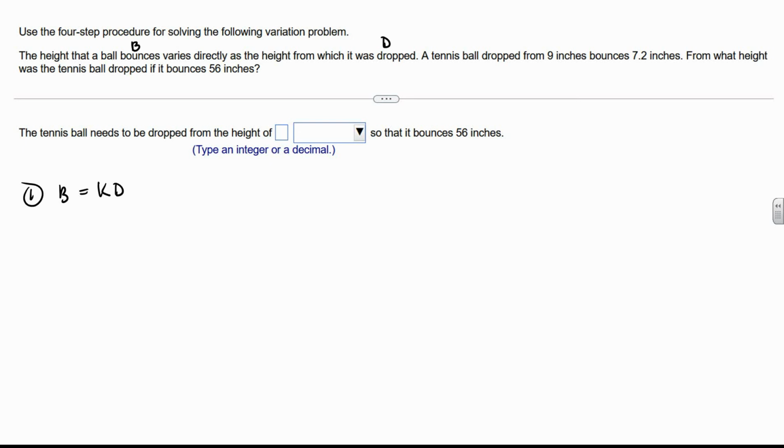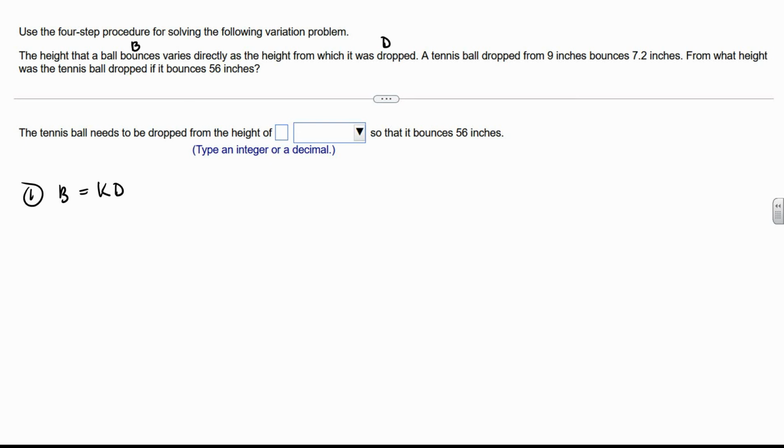But anyway, math has models. And in math, a model is just an equation. When you see an equation in mathematics, it is modeling something in nature. Not all equations do, but here they're talking about the ball bouncing varying directly with the height from which it was dropped.